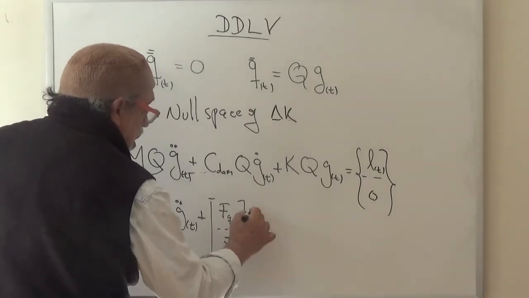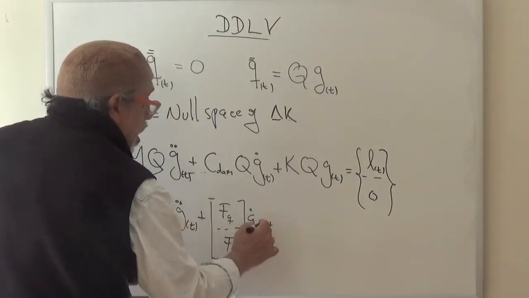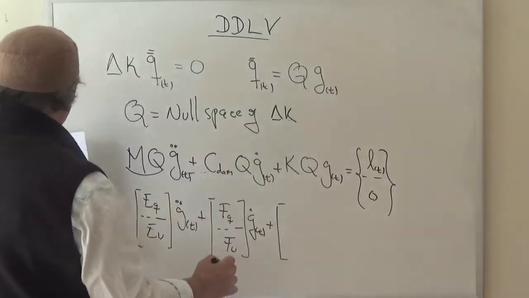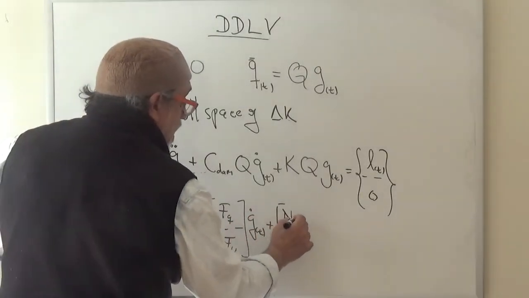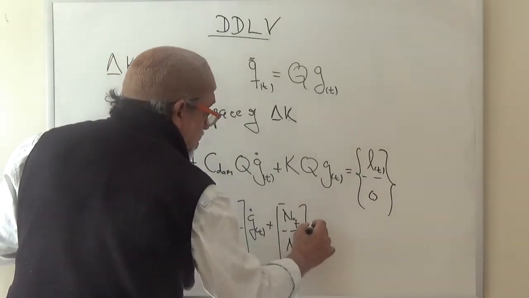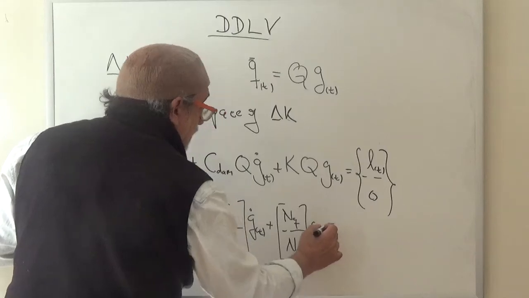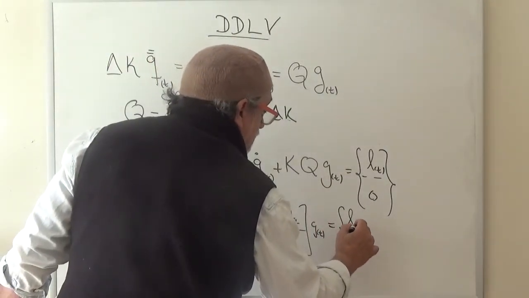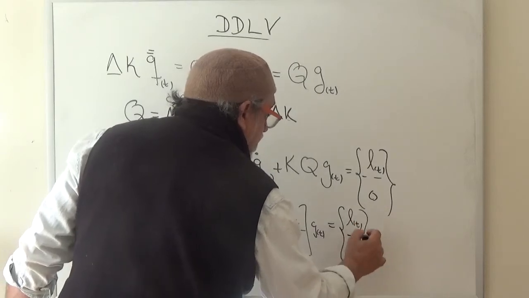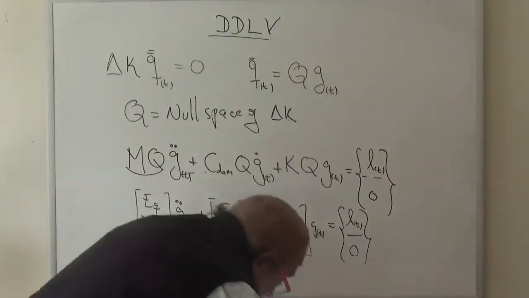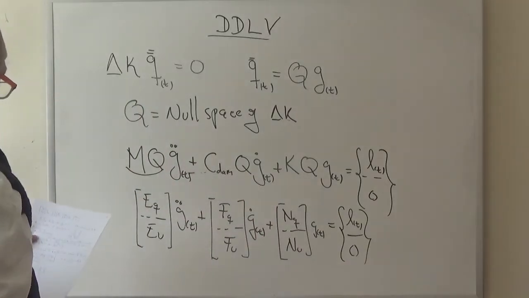That's times G dot of T plus K times Q. Let's say we write it as the partition NQ and NU. And that goes times G of T. And then that is equal to our L of T and 0.